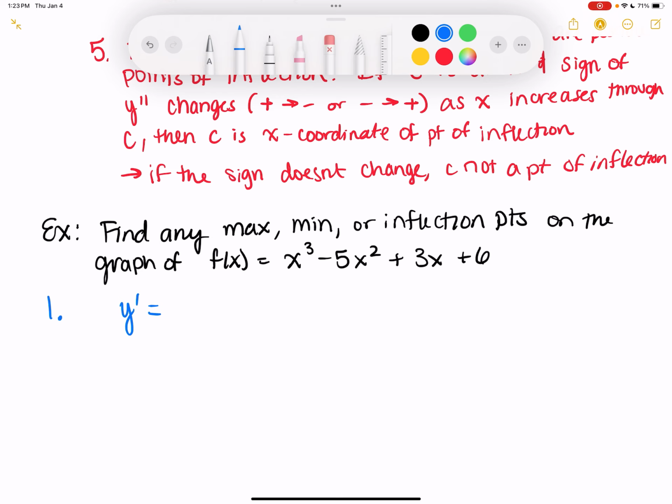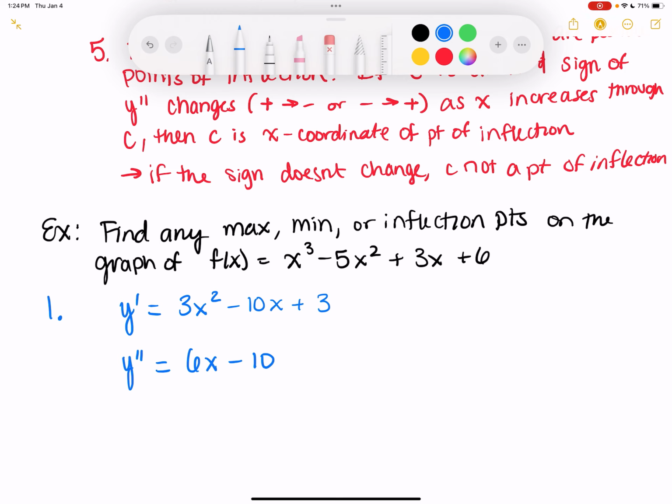Then I need the second derivative. Six x minus 10.